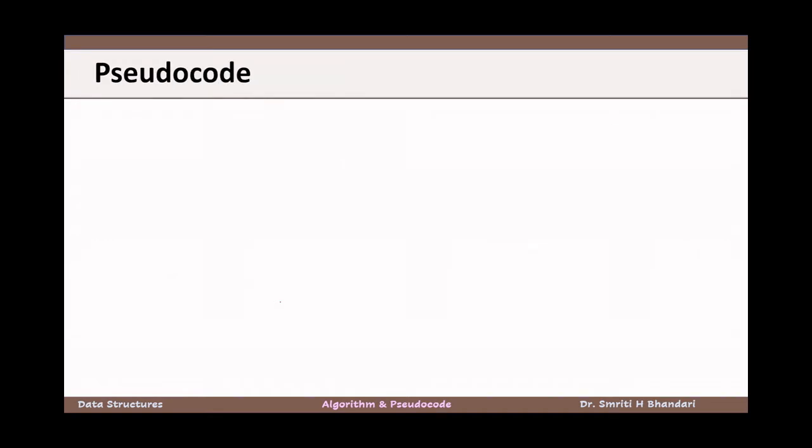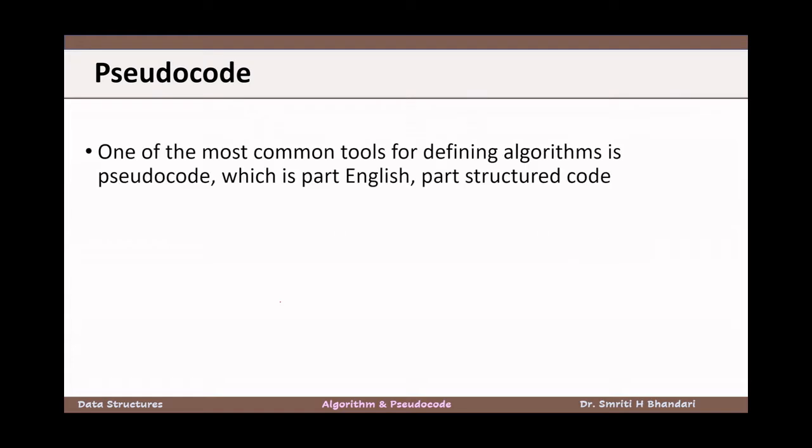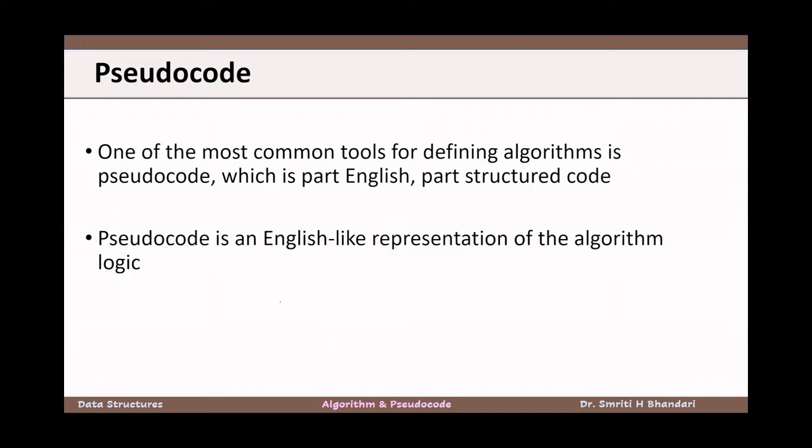So let's see now what pseudocode is. Pseudocode is one of the most common tools for defining algorithms. It is part English, part structured code. Pseudocode is an English-like representation of the algorithmic logic.